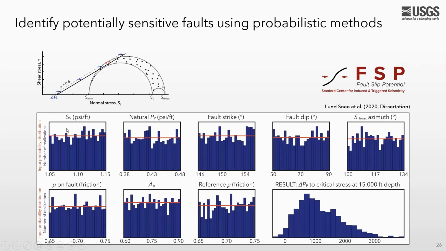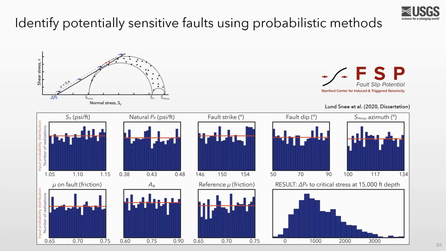The red lines here are the uniform distributions that it applies, and the blue histograms represent the actual realizations of the Monte Carlo process for this particular fault segment. You can do this for every fault segment, and it'll give you what's called the fault slip potential, a value from 0 to 1.